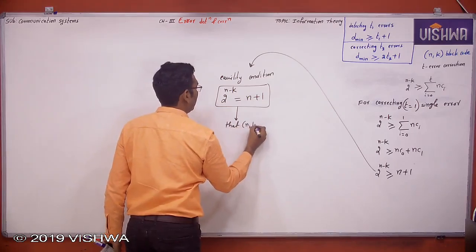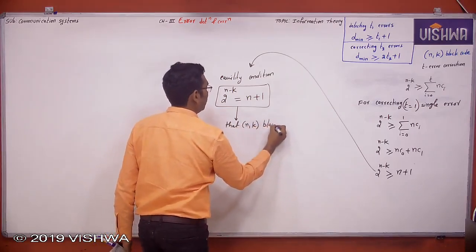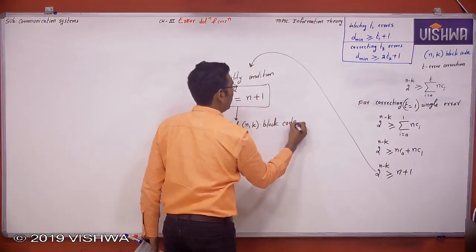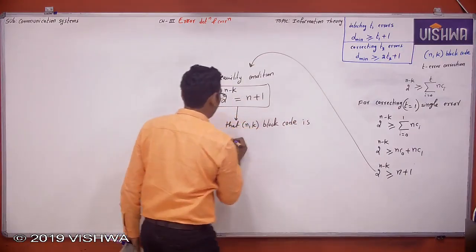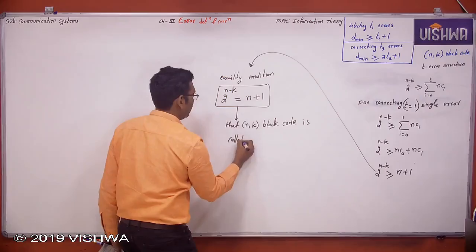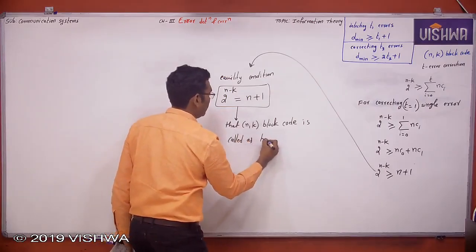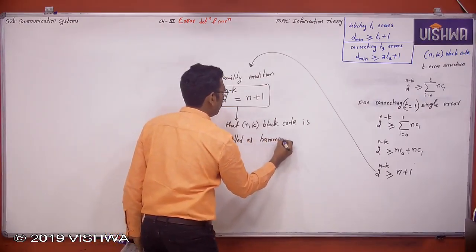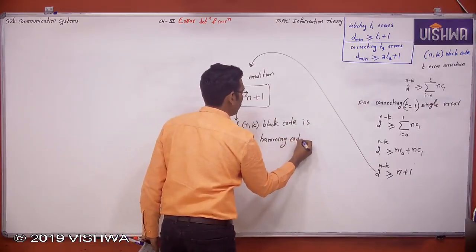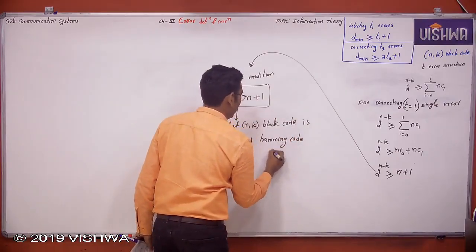that n comma k block code is called a Hamming code, or also called a perfect code.